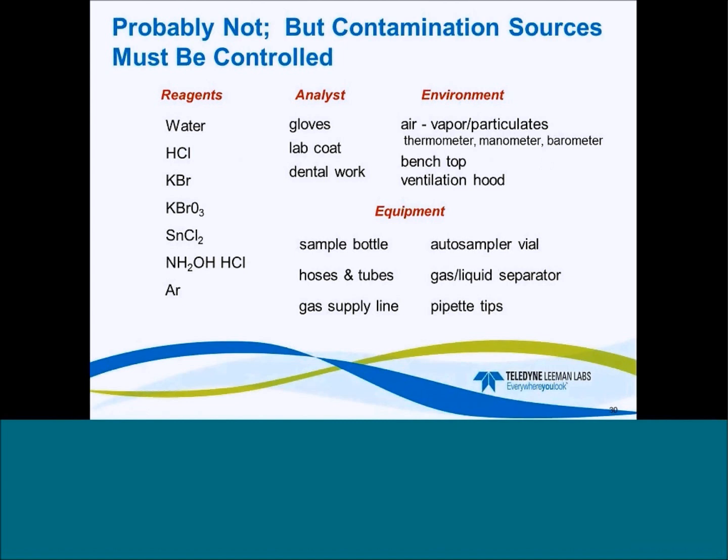But typically you can maintain a clean bench top with some paper coverings, and perhaps put an isolation hood over the analyzer and your sample prep area to minimize the environmental contamination.